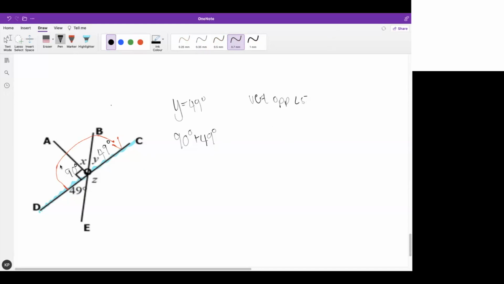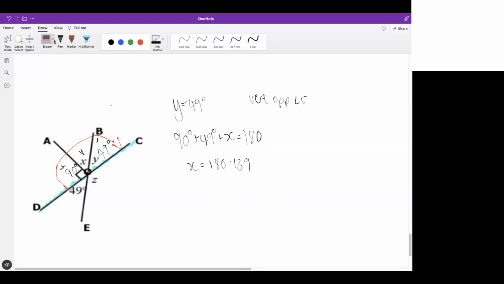So this angle plus X plus this angle have to equal 180, because 90 plus 49 is 139. 180 minus 139 is 41. Therefore, X is 41.